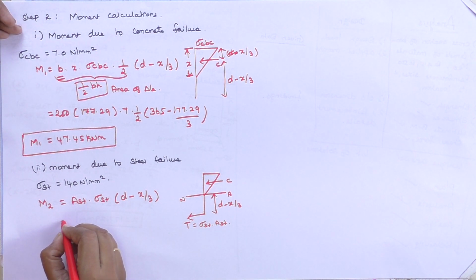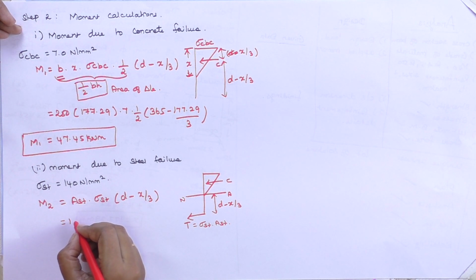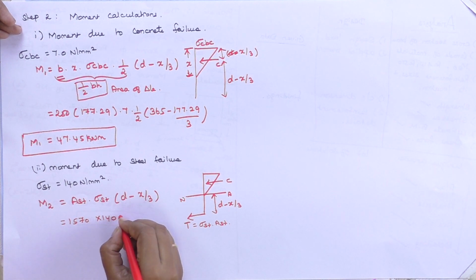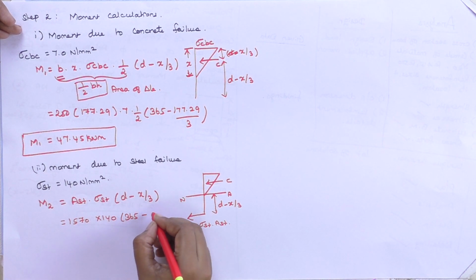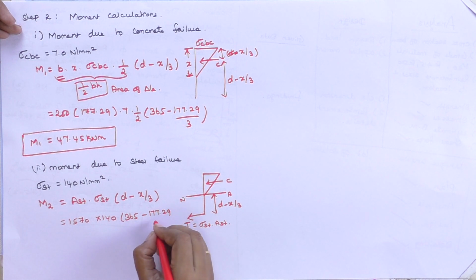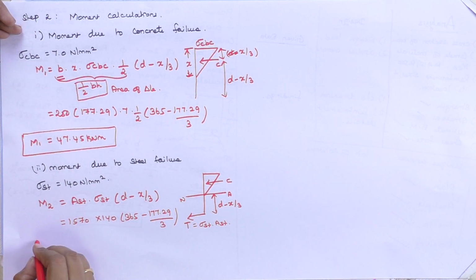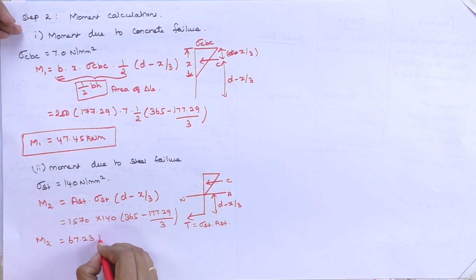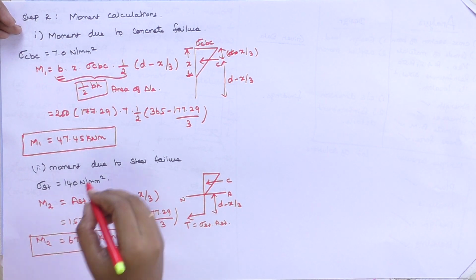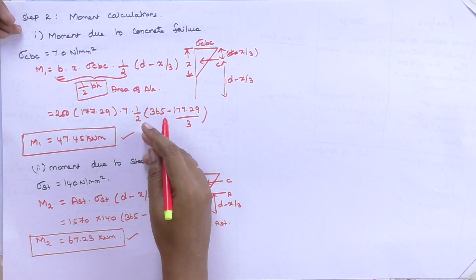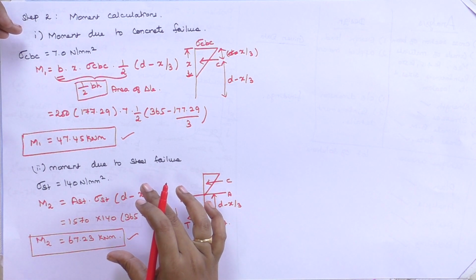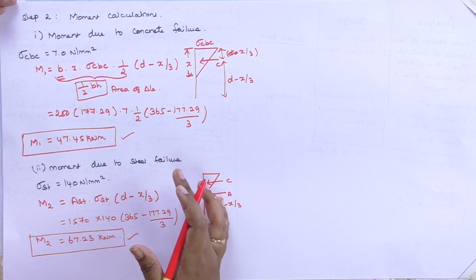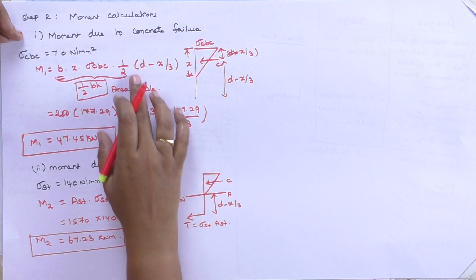Now we can calculate the value: 1570 into 140 into 365 minus 177.29 divided by 3. Now we can get M2 as 67.23 kilonewton meter. Now from these two, M1 and M2, we can clearly define whether the section will fail under concrete or under steel.